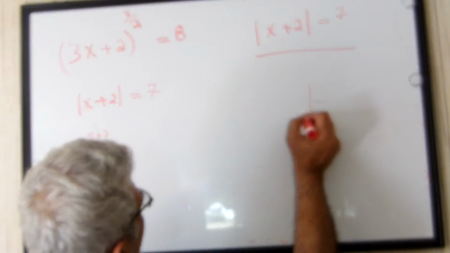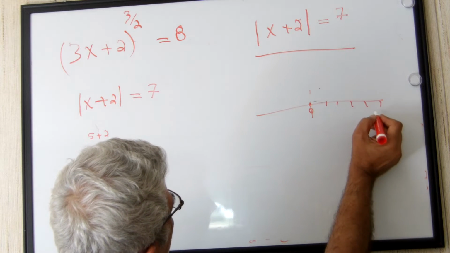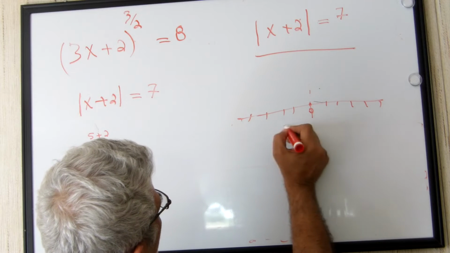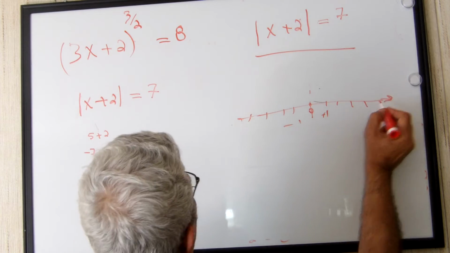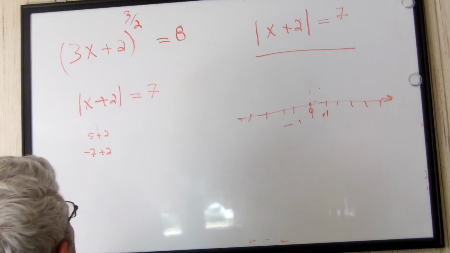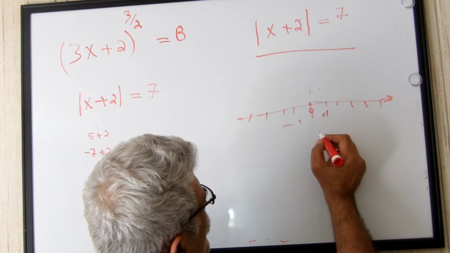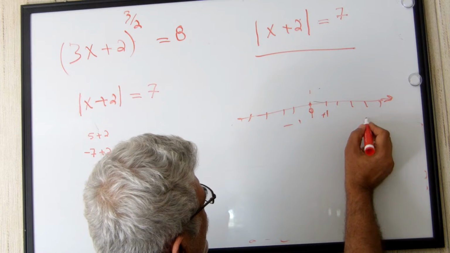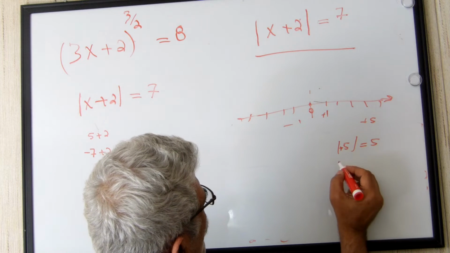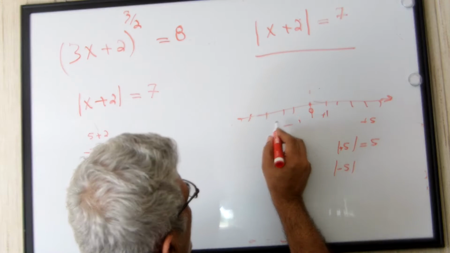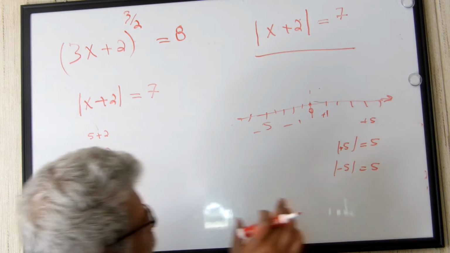For absolute value, this is the origin, and this is 1, 2, 3, 4, 5, and minus 1, minus 2 this way, with plus on this side. Absolute value means we just ignore the sign, whatever it is. Plus 5 is going to be 5, and the absolute value of minus 5 is still 5.